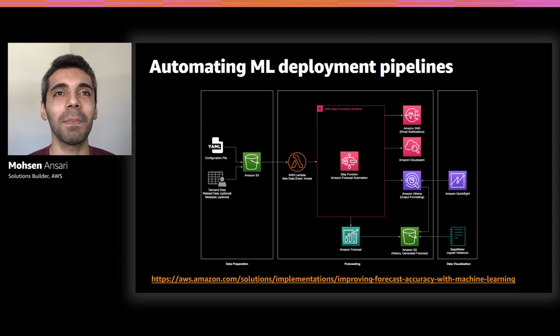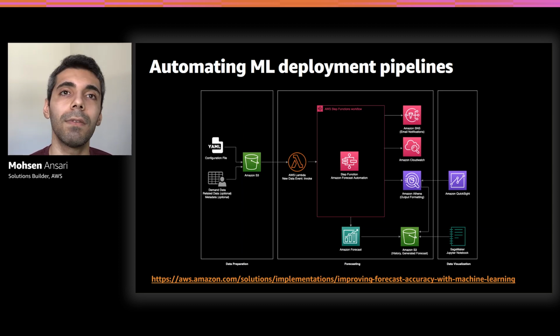But jokes aside, automating your machine learning deployment pipelines elevates a lot of the responsibility to an automated system. At the same time, it will ensure that the same set of tasks will be run every time you run that. And not to mention, it will make your life easier because automating pipelines is going to be much faster compared to manual. So how did we apply this best practice into this architecture?